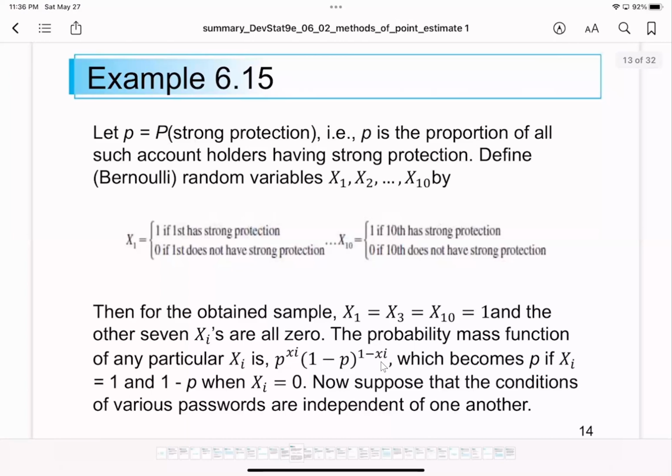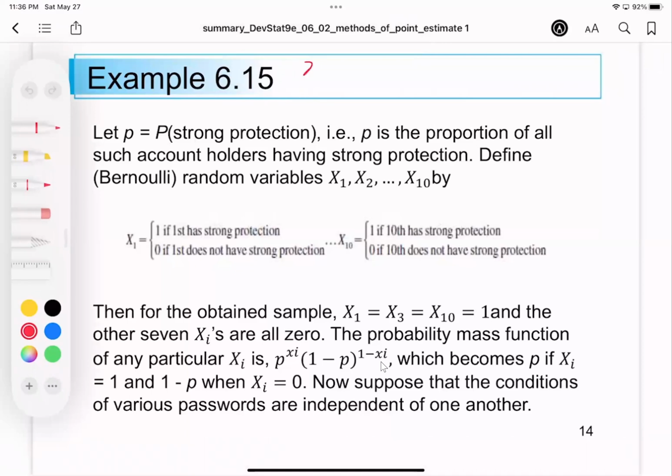And the second person's password is not strong. So here, the probability of observing X1 equals 1, X2 equals 0, X3 equals 1, and so on, X10 equals 1, and the rest of them are 0 for all other i's.